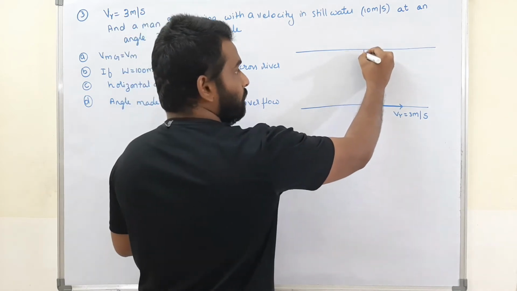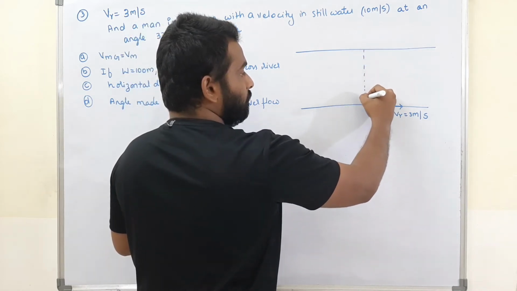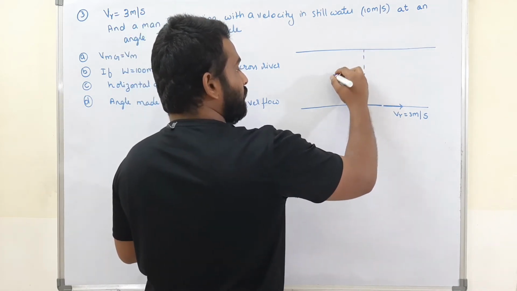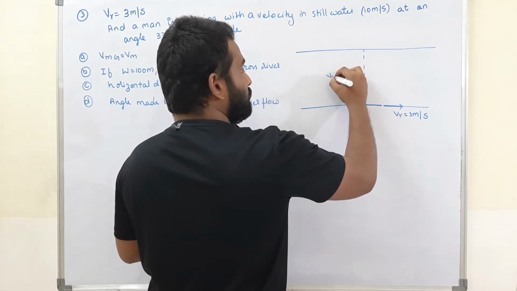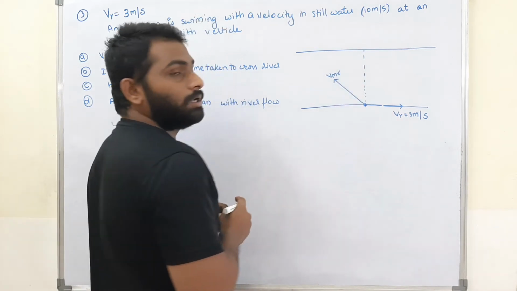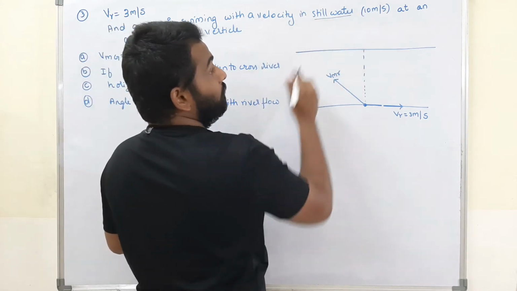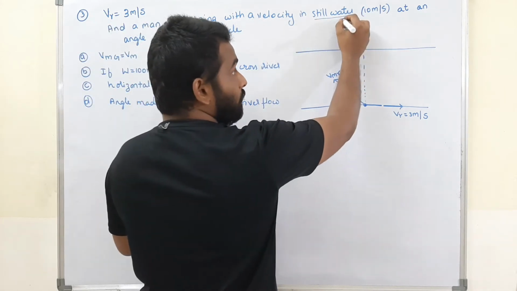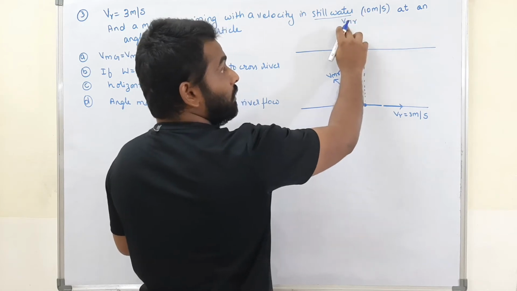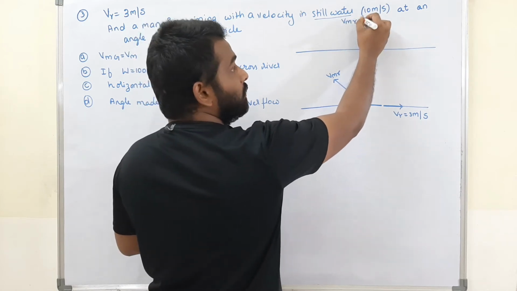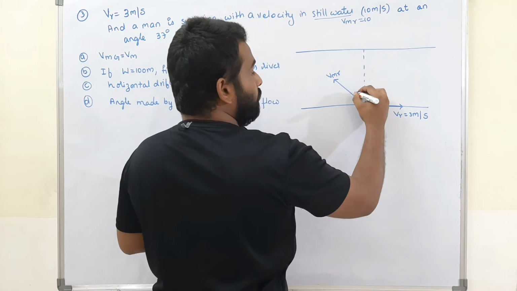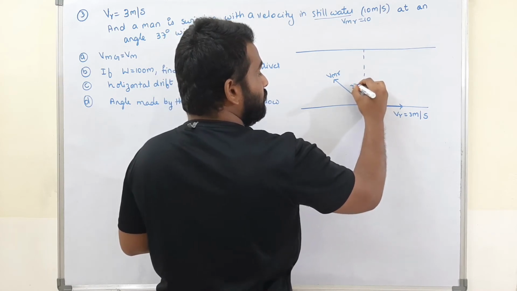Now this is the vertical, and the man is swimming like this. This is the velocity of man with respect to river, the velocity of man in still water. That is the meaning of VMR, velocity of man with respect to river. How much? 10, making an angle 37 degrees.